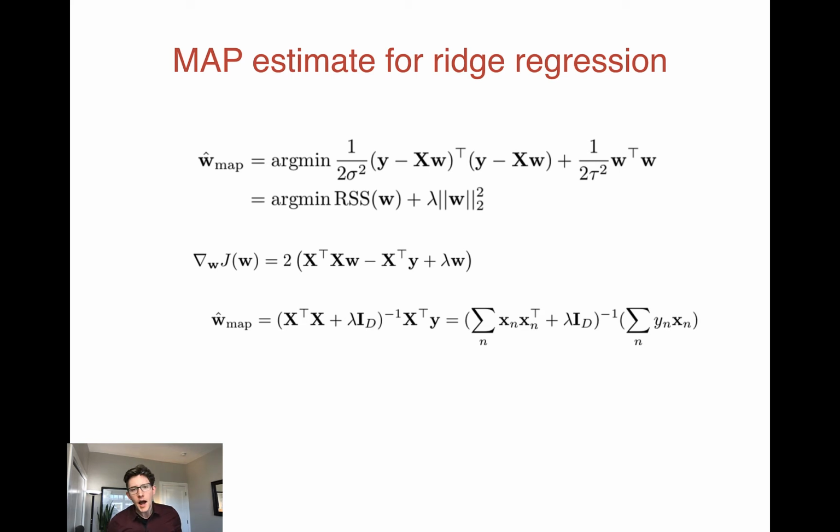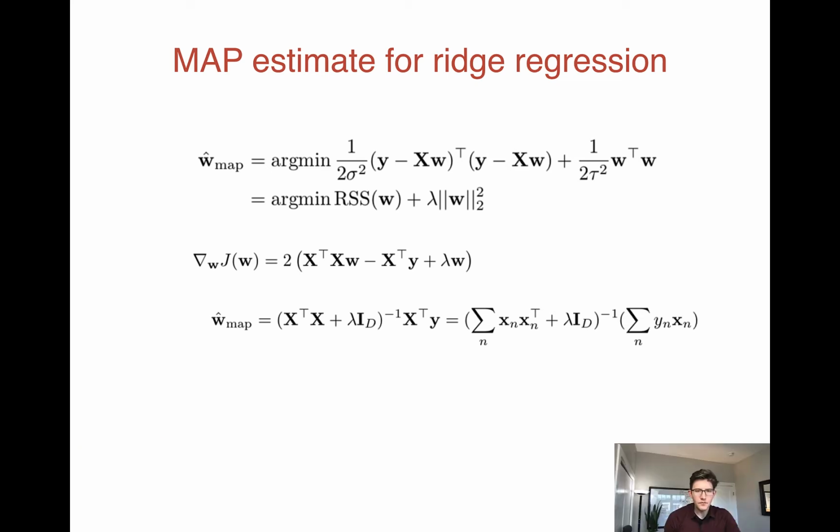Let's see how we can optimize to get an estimate for our weights in the case with the prior. This is going to look very similar to the normal linear regression case. So we're going to take the derivative again with respect to w. And this is going to look very similar.